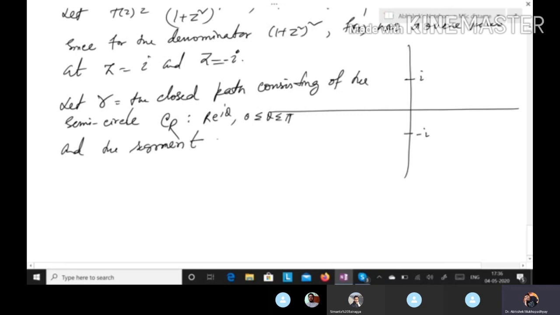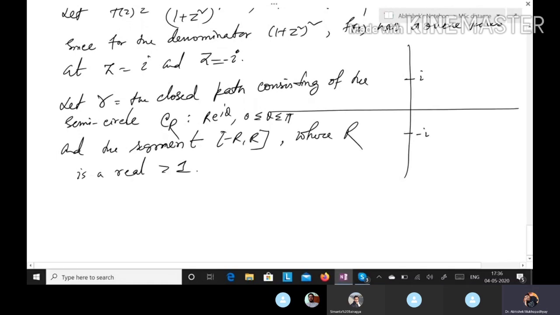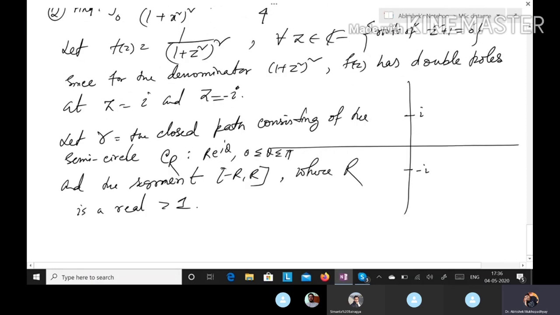The segment minus r to r, where r is real which is greater than 1. Why is it greater than 1? Since the modulus of these two roots is 1. So we must choose the radius beyond this modulus, because after that there will be no other singularities of f(z).